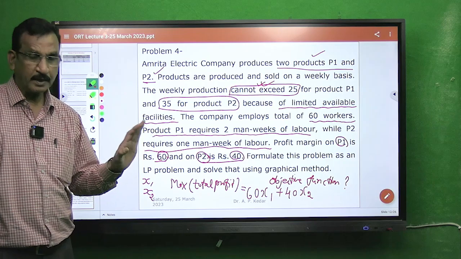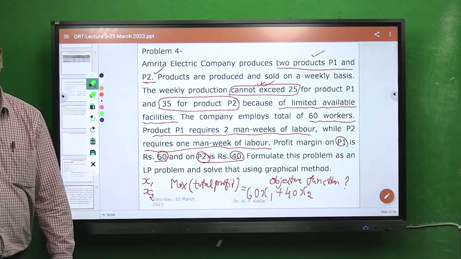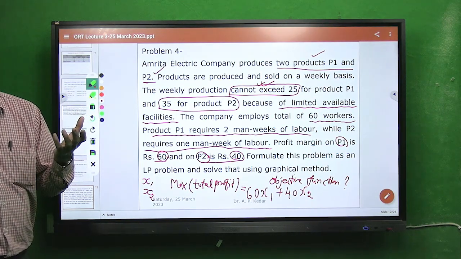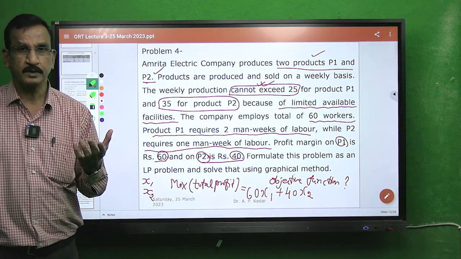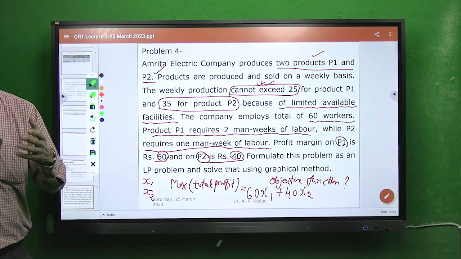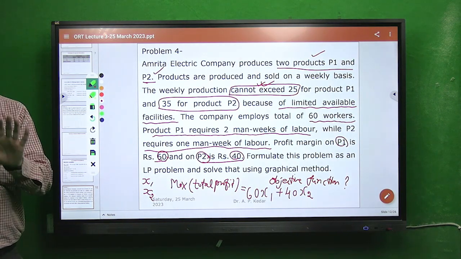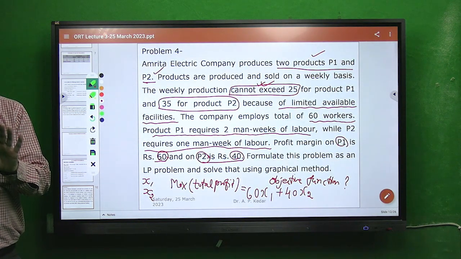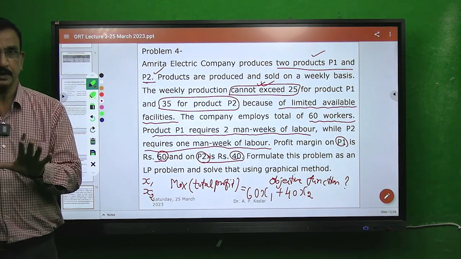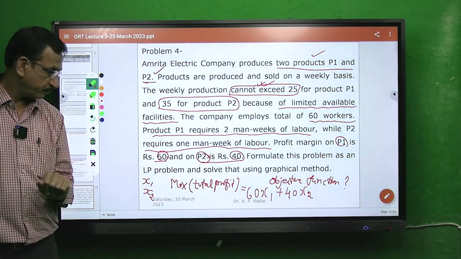Again I am repeating, if you commit a mistake in formulation, you will be totally wrong in your solution, whether you find it by the graphical method or by the analytical method. Those methods we will be studying in coming lectures, but the prerequisite for graphical or analytical solution is correct mathematical formulation of the problem.